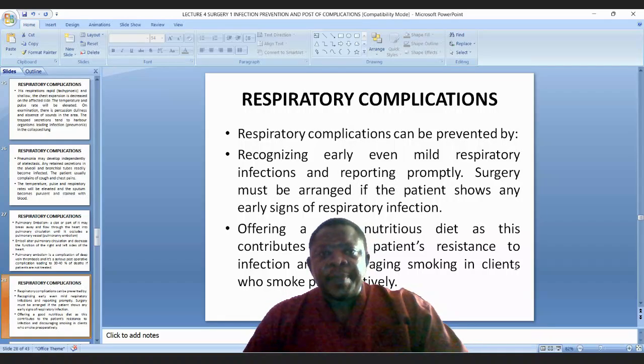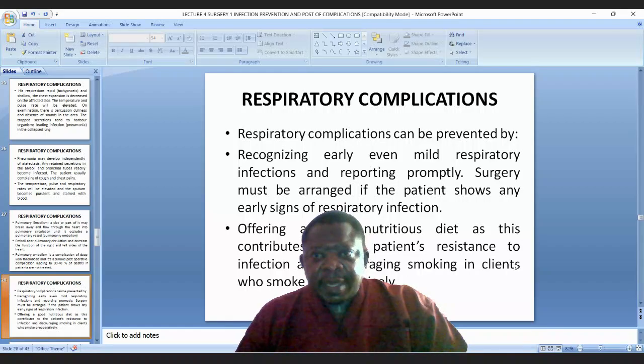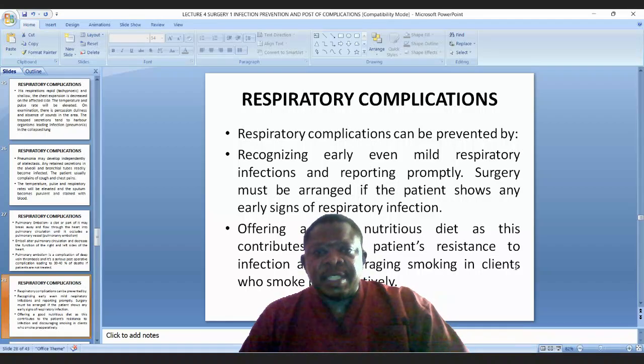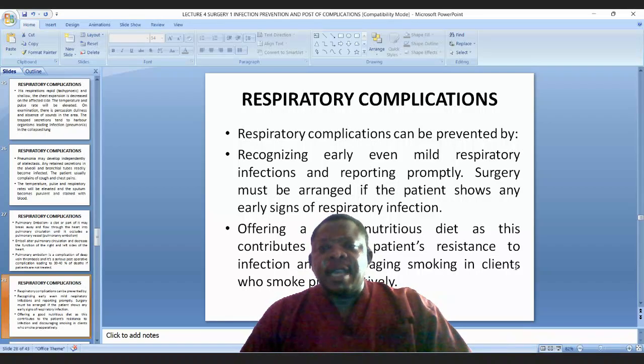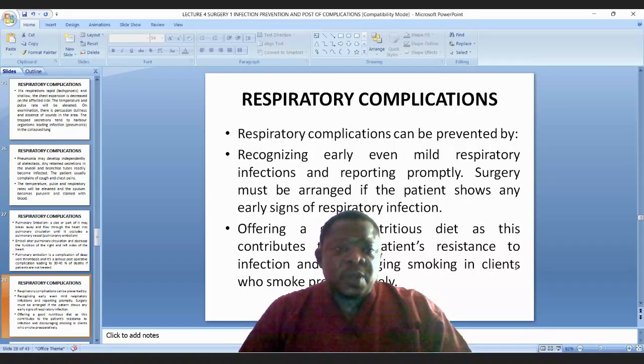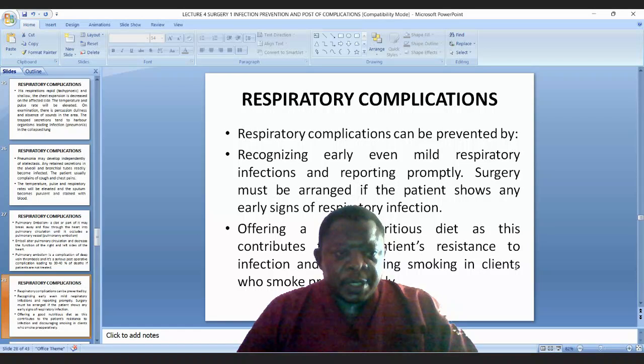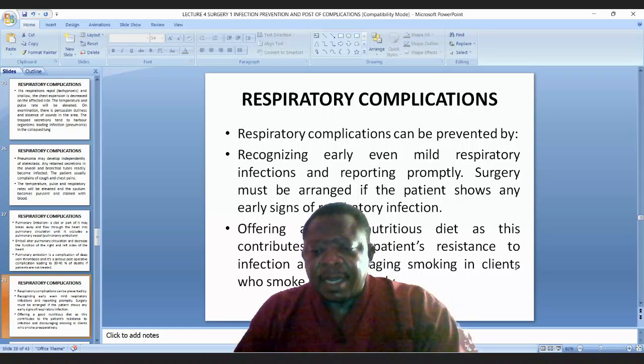Offering a good nutritious diet is also important, as it may contribute to the patient's resistance to infection. Also discourage patients who are smokers from smoking preoperatively. This is to prevent any of these respiratory tract complications that we see in major surgeries.